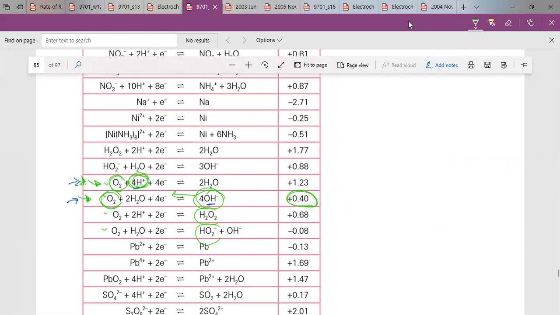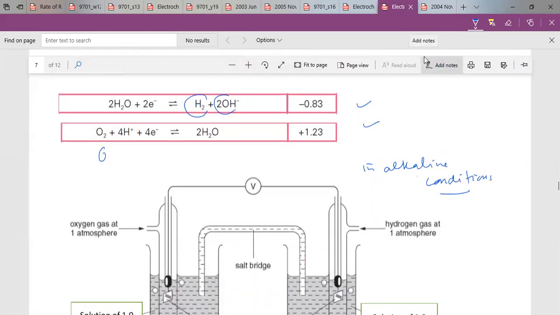I think I remember this. O2 plus 2H2O, this famous one in your Form 5, plus I think it's 4 electrons. Sorry, it's 4 OH minus.